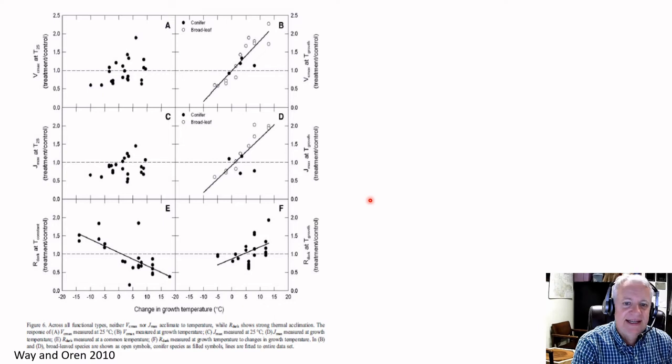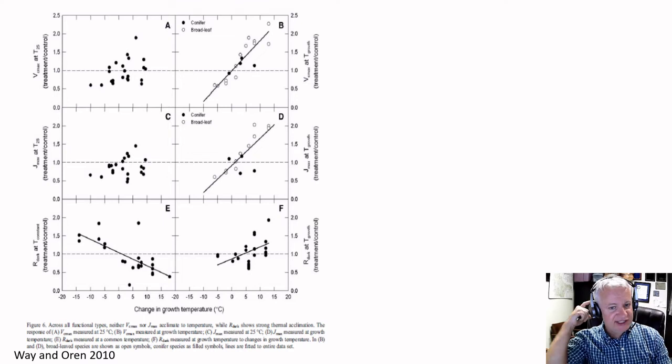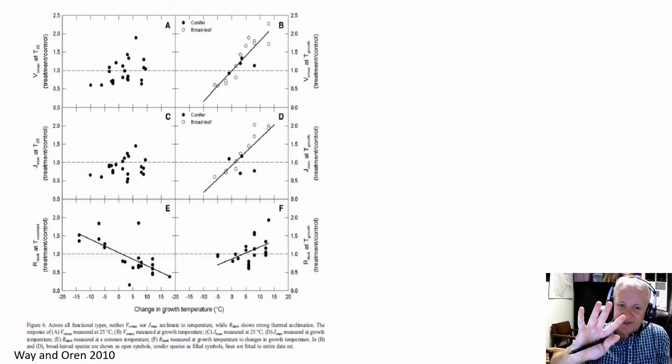Now, as I dig into the literature, what I'm finding is that in more recent literature, it's really mixed. In literature over the last 5 or 6 years, there's evidence here and there for strong acclimation of photosynthesis to temperature, but also people saying there isn't strong evidence of acclimation to temperature.